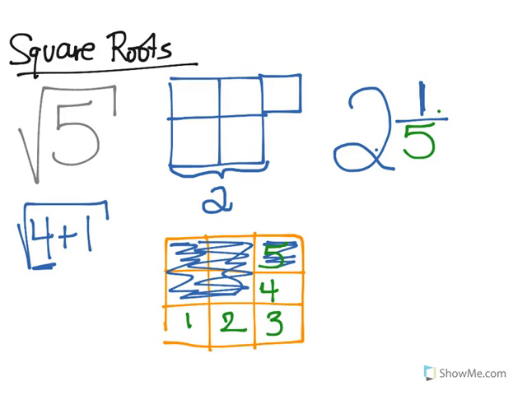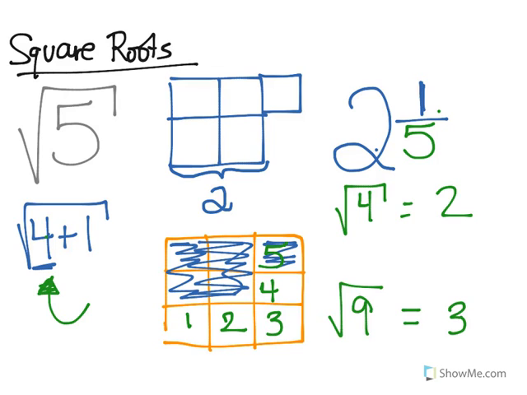Okay, Ms. Cuban, but how do you do it mathematically? Good question. Just like I wrote right here, the square root of 5 is 4 plus 1. I know that the square root of 4 is 2. And I know that the next one for 3 would be the square root of 9. That means 5 is in between.